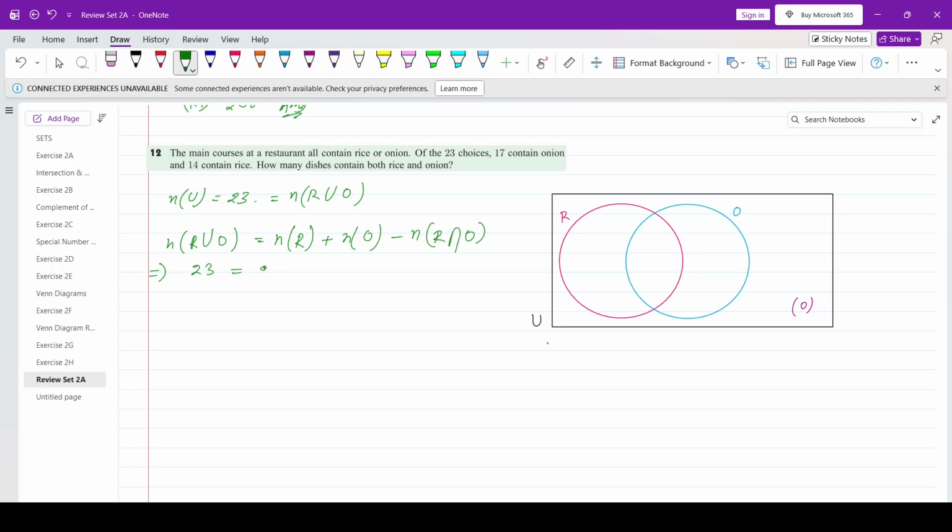This is 17. This is 14. So the number of elements in R intersection O is going to be 17 plus 14 minus 23. That will be 8.